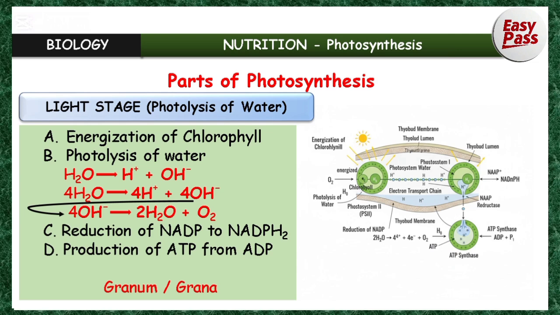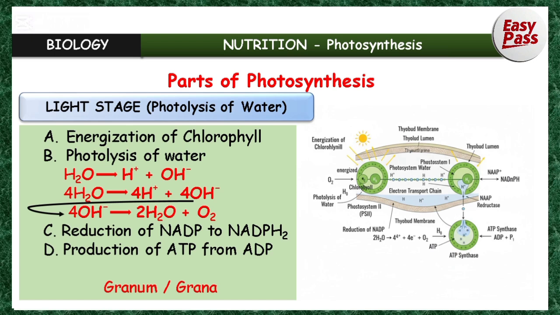The word photo means light, while lysis means breaking down. So the major event occurring in light stage reaction is photolysis of water, the breaking down of water into its constituent ions.